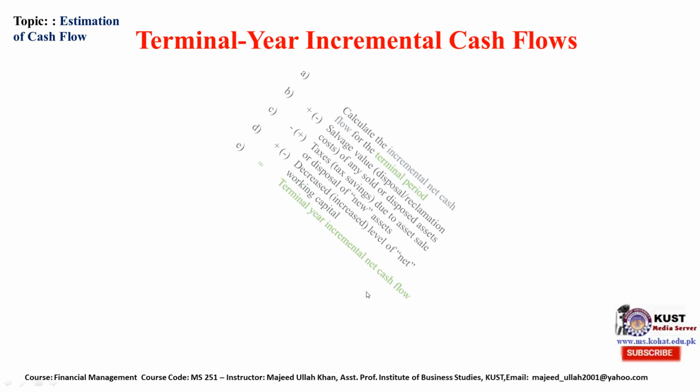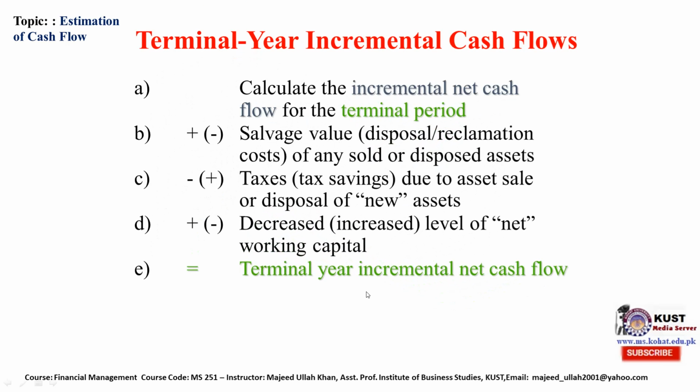Now terminal cash flow. First, we will get the incremental cash flow for the last year. Then, if there is any salvage value of this machine, we will add it to this terminal value, incremental cash flow.